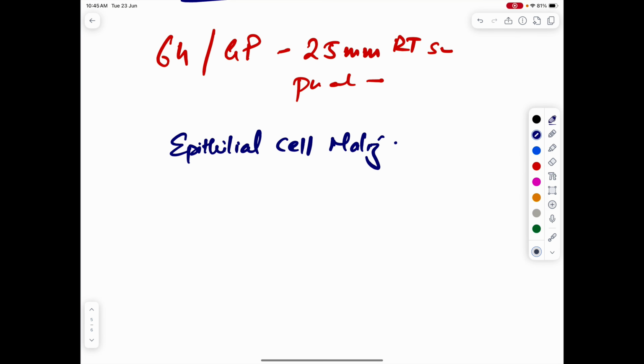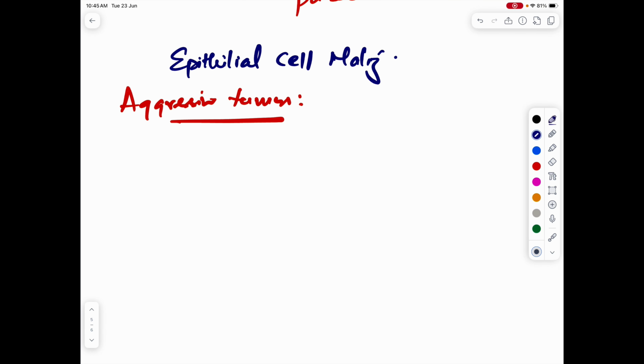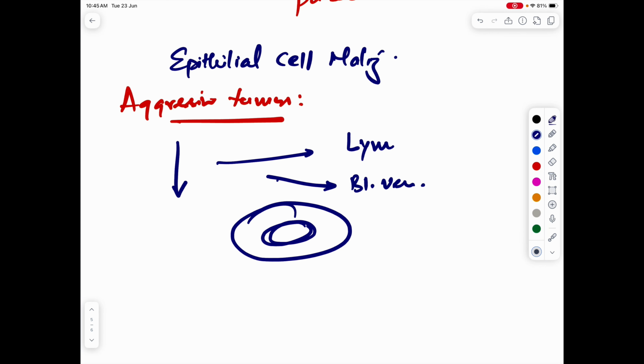So the surgical excision tumor histopathology report might indicate aggressive potential. What do you mean by aggressive? What are aggressive tumors? It can be deep penetration, spread to lymphatics, spread to blood vessels, high mitotic activity, and poor differentiation.